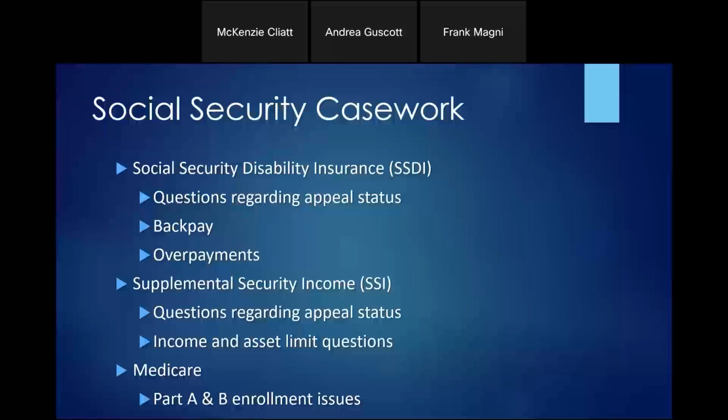Overpayments can be caused by your marital status or living situation changes, your income being more than you estimated, you're no longer disabled and continue to receive benefits, or you don't report a change in your status to Social Security as required. We can also assist with questions regarding SSI, such as appeal status or income and asset limit questions. Our office can also help with Medicare Parts A and B enrollment issues. Next slide.